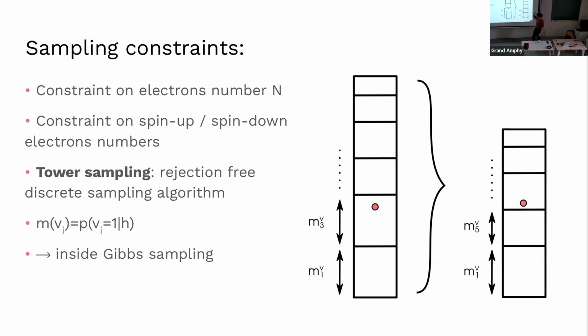So I can sample with no rejection. I choose an orbital to occupy, then I put this probability to 0 and continue the process until I have the number of electrons that I want. I do that separately for the spin up electrons and the spin down electrons.